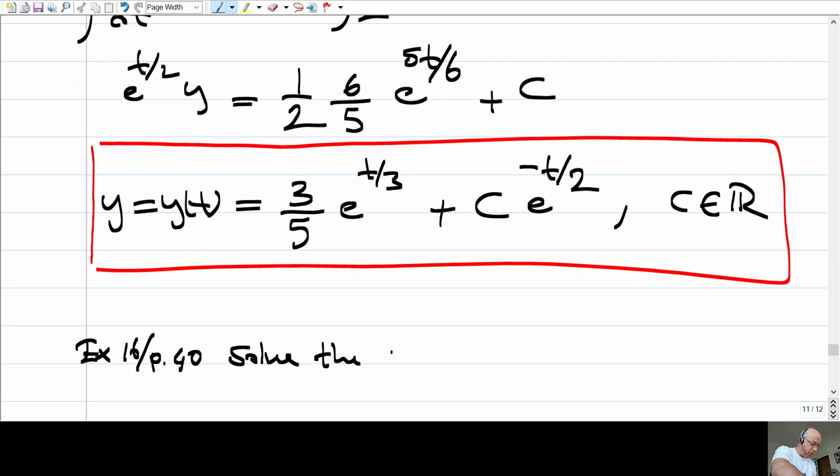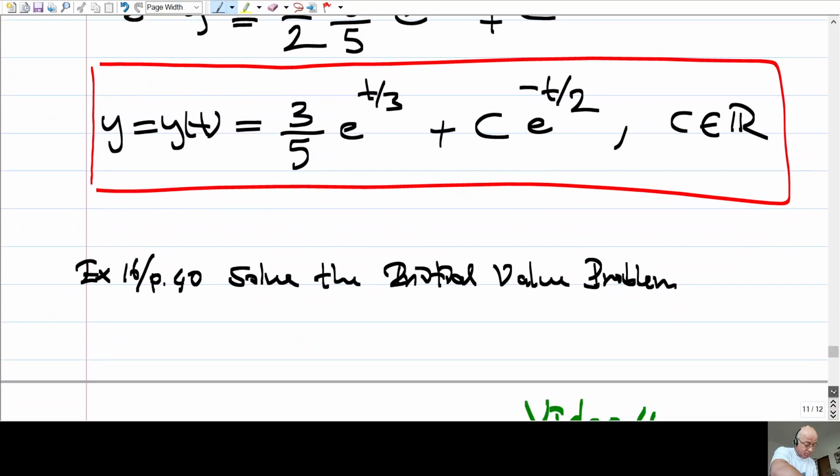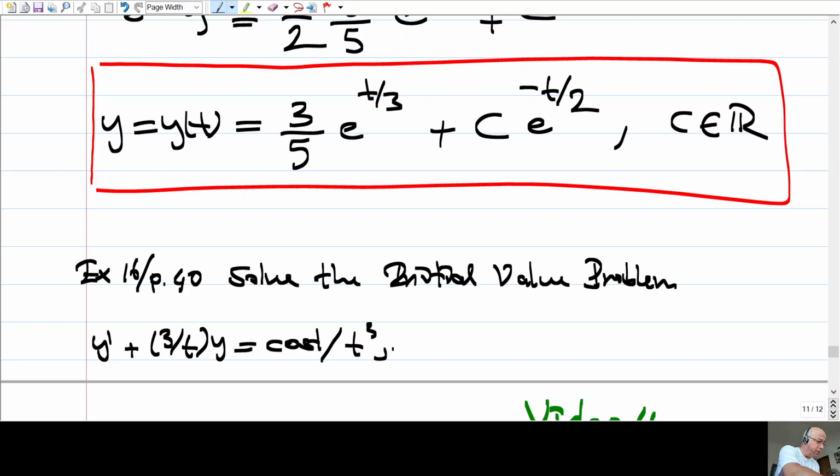Actually, solve the initial value problem. It says initial value problem. I'll tell you what's an initial value problem, which is: y prime plus 3 over t y equals cosine t over t cubed, and y at pi equals 0.